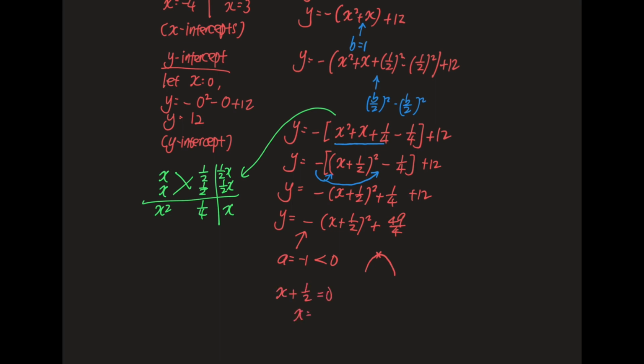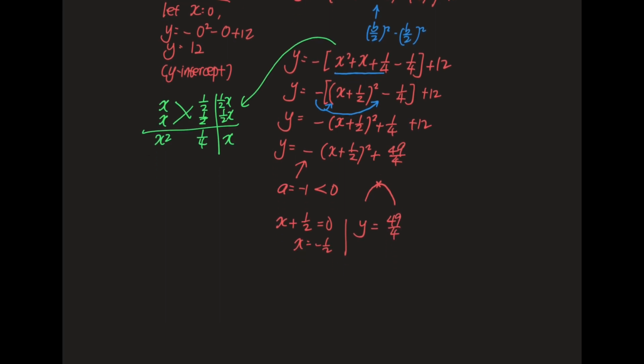So x plus half equal to 0, x is minus half. Then we look at everything at the back of the bracket, which is 49 over 4. We take this, that will be the y. y is 49 over 4. So together, this x coordinate and this y coordinate form the maximum point. Okay, so they form the maximum point.